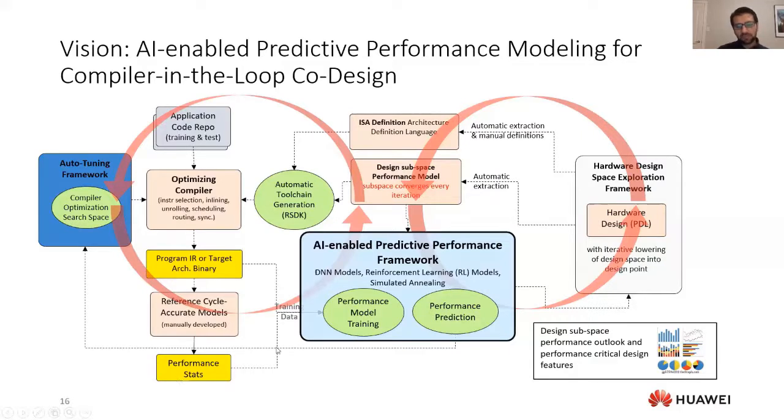And both of these are fed into the performance model training framework over here, which refines your performance model more and more, and makes it accurate. This is a work in progress, or rather a work in the earlier stages, but we are hoping to see some positive results from this effort.